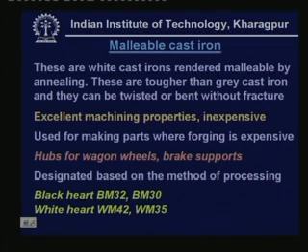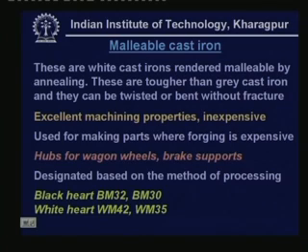It is used for making parts where forging is expensive, for example hubs for wagon wheels, brake supports, etc. These are made of malleable cast iron. I think you know the word malleable, I just did not mention it. Malleable means a characteristic by which you can flatten the material to a great extent without any cracks being formed.